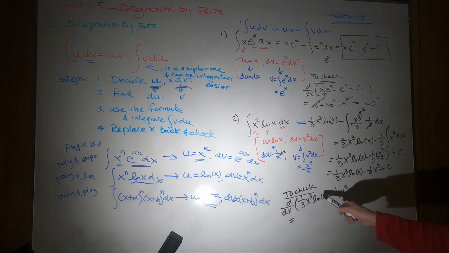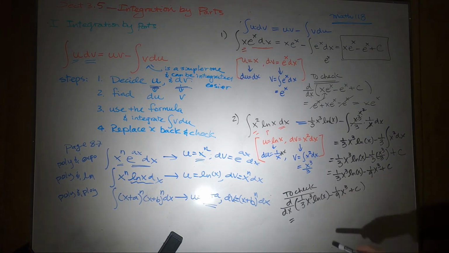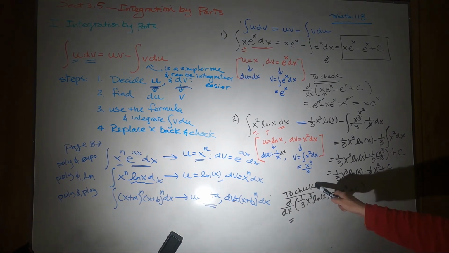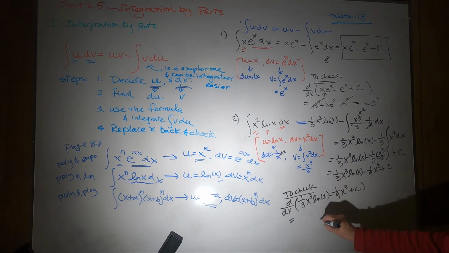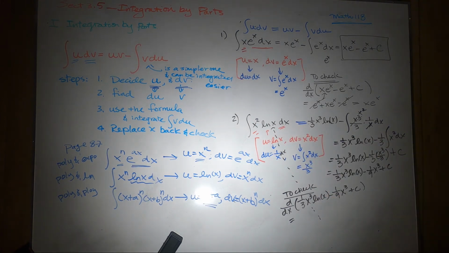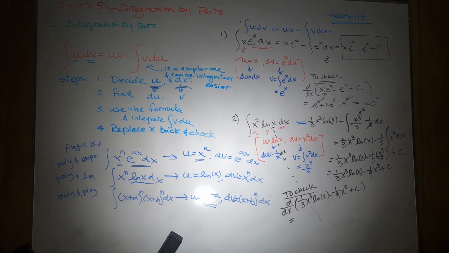This is 1 over x, so you multiply them and it becomes 1/3 x squared, plus the derivative of x cubed, which is 3x squared times 1/3 times the log. Then minus this. Then you should get back to your original. You can do the derivative to check. Confusing enough? It's a lot.